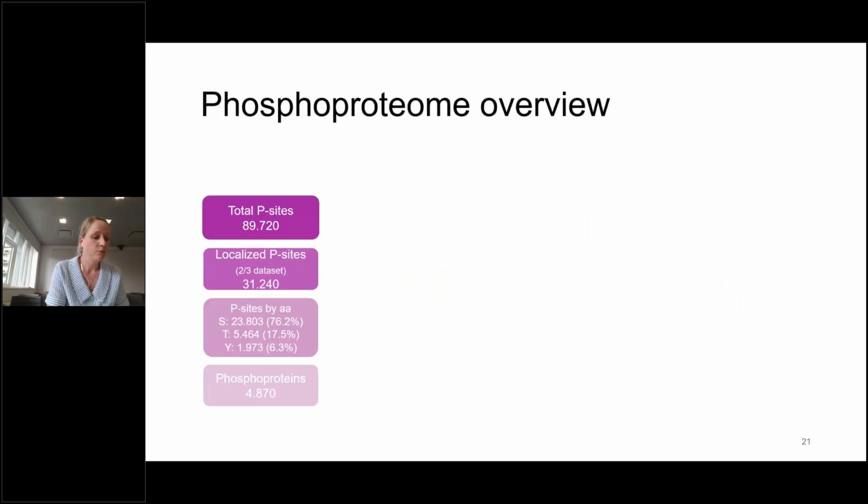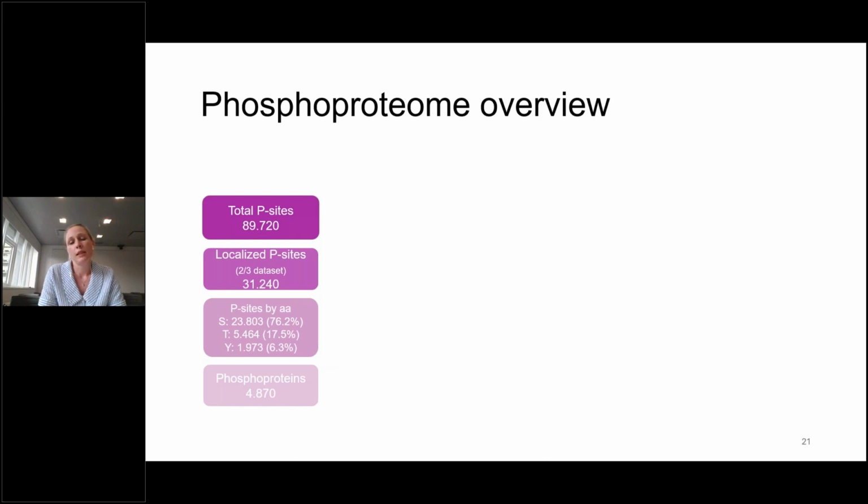So the results from this analysis on this one cell line are that we actually identified around 89,000 phosphorylation sites. If we look at those that are robustly localized, the data set is reduced to around 30,000 sites. And if you see here the distribution by amino acid, we really have a nice coverage of even phosphotyrosines.